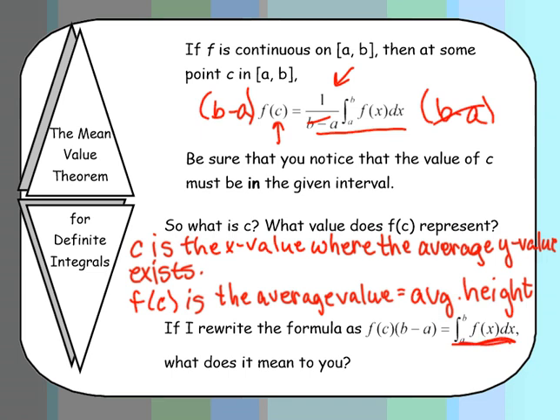That's the area under the curve, true? Integral from a to b, f of x dx, my area under the curve. So what is this right here? Well, if we just said that f at c was your average height, and b minus a is your width of your interval, then doesn't height times width give us the area of a rectangle?